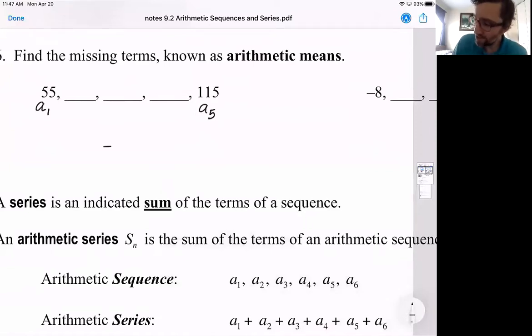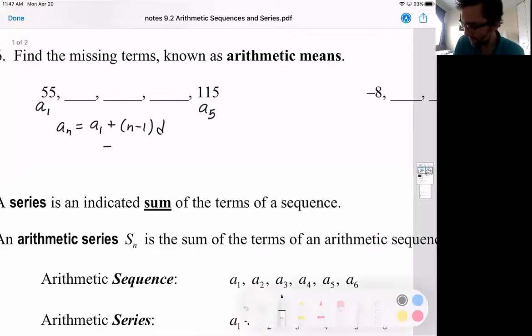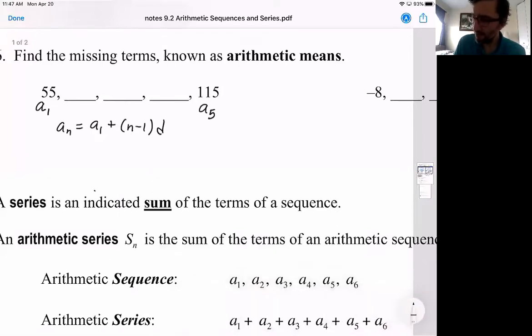So if we use our general formula, let me just write the really, really general one: a sub n equals a sub 1 plus n minus 1 times d. So we know a sub n.